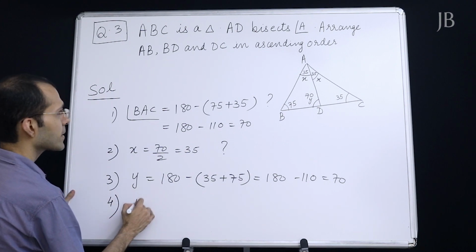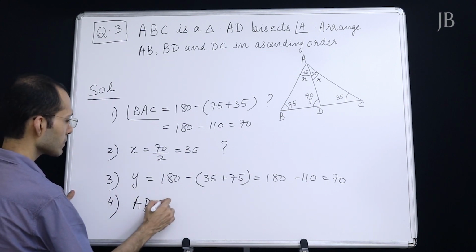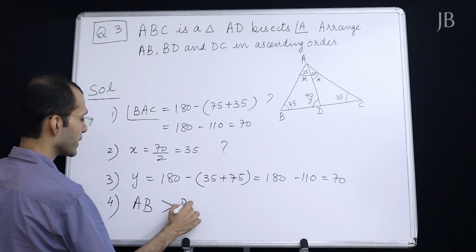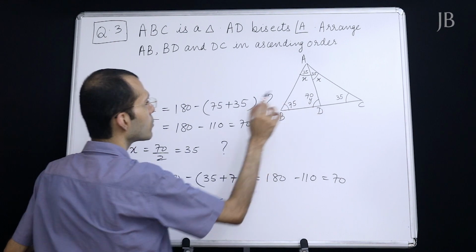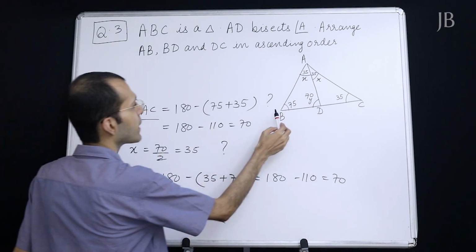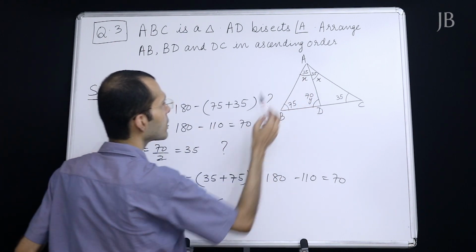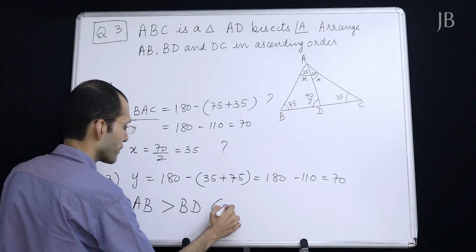So now we will write AB greater than BD, because AB is opposite to 70 degrees and BD is opposite to 35 degrees.